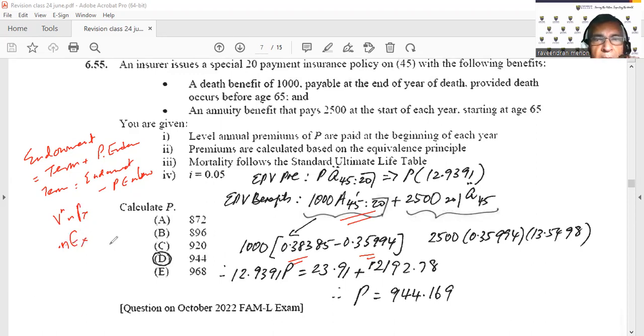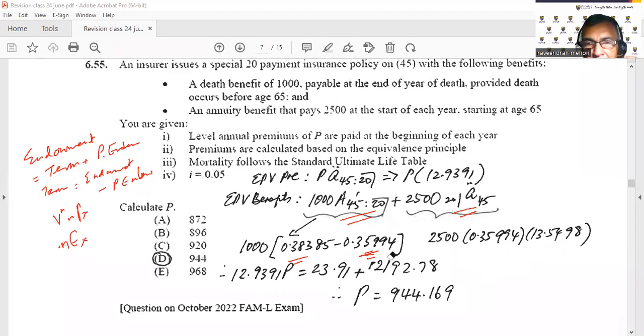Okay, good. So you pick these values up, and then this part here is not so bad because this one here, we also have the same VN NPX here, as you can see. Okay, VN NPX here, and then move 20 years forward, it'll be A dot dot 65. Read up the value from the tables, clean this up, and you equate it to what you found earlier.